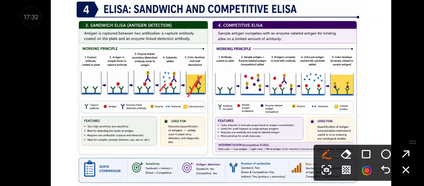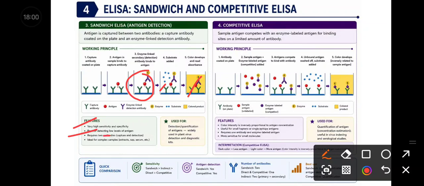Then the features: first one is very high sensitivity and specificity. Okay, then best for detecting low levels of antigen. As you can see here, the sequence is very peculiar. The antigen is trapped between the two antibodies, that's why it is highly efficient in detecting low levels of antigen also.